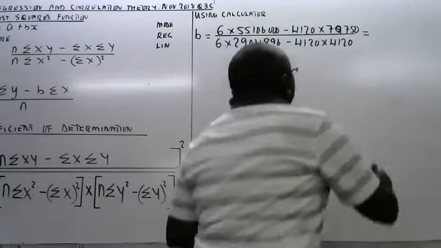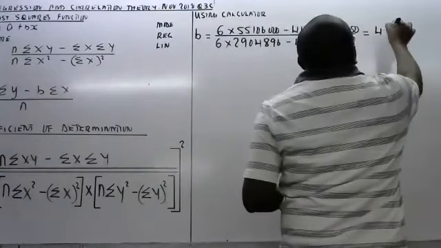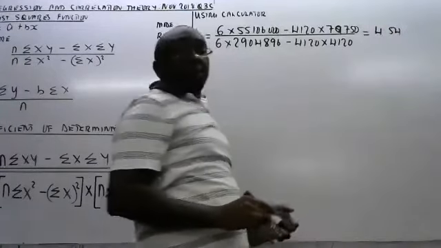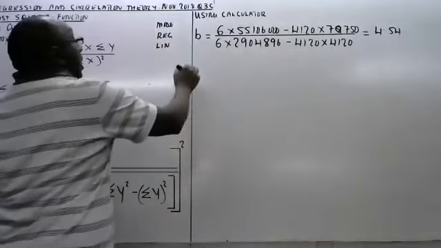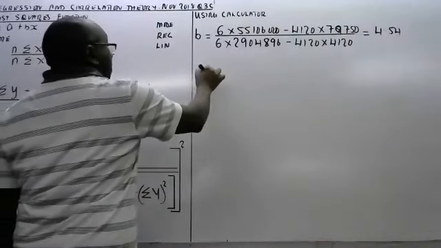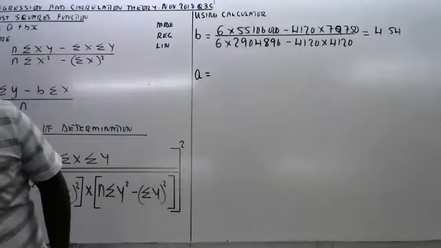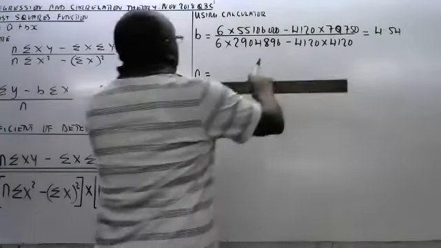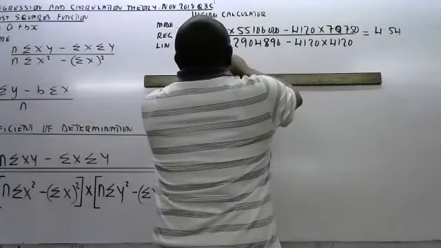Yeah, good. It's 4.54. Good. Let us go to A. For A, we do the same thing.